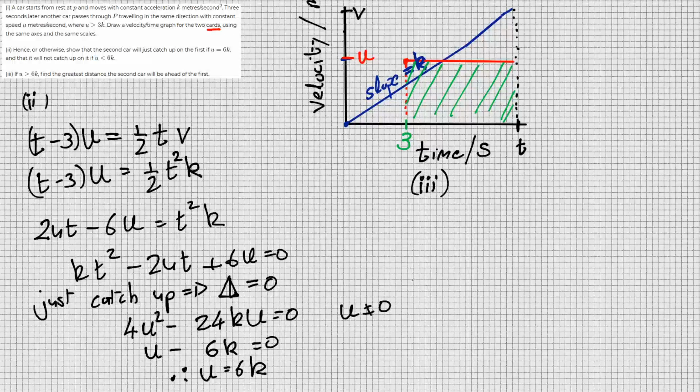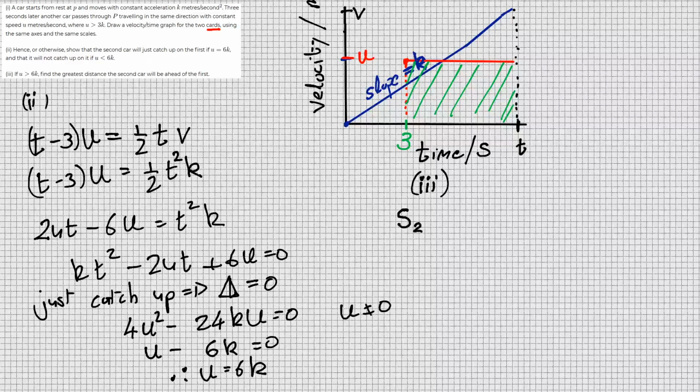Part 3. If u is greater than 6k, find the greatest distance the second car would be ahead of the first car. How would be best to do this? Maybe looking at the distance.